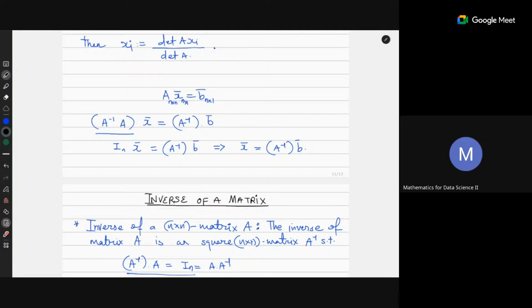In that case, you can use the inverse method to find the solution of a given system of equations.